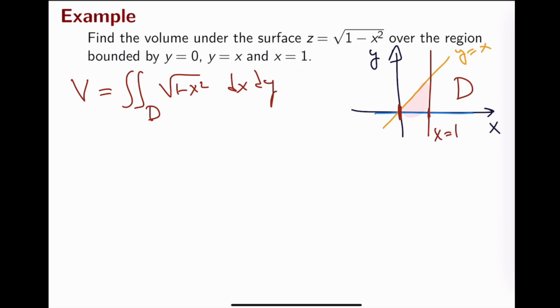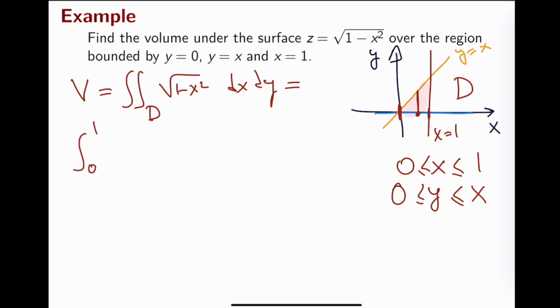In this case, x varies between 0 and 1, and y, we consider here a segment of y, will vary between this lower function, the blue one, which is y equals 0, and the orange function, which is y equals x. And so we can calculate this by calculating the integral between 0 and 1 of the integral between 0 and x of the square root of 1 minus x squared dy and then dx.